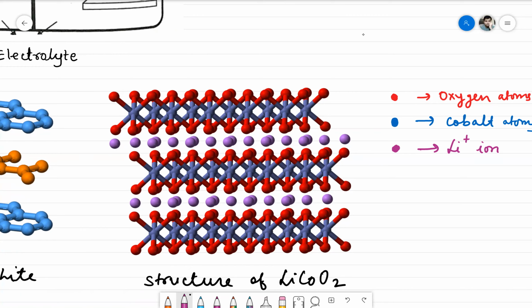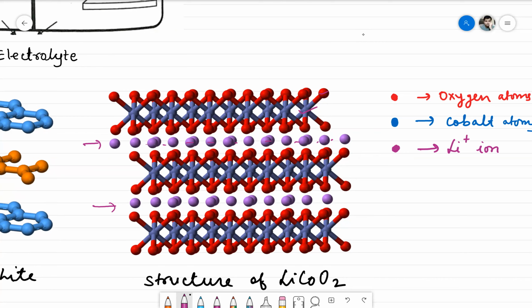So this lithium cobalt oxide is also a layered compound, and it consists of layers of monovalent lithium ions. Here you can see these are the layers of lithium ions which lie between the anionic sheets of oxygen and cobalt atoms.